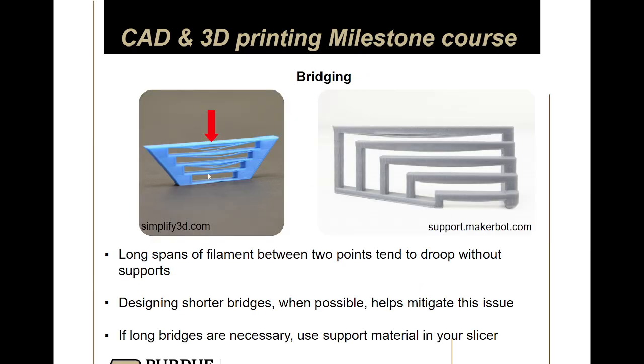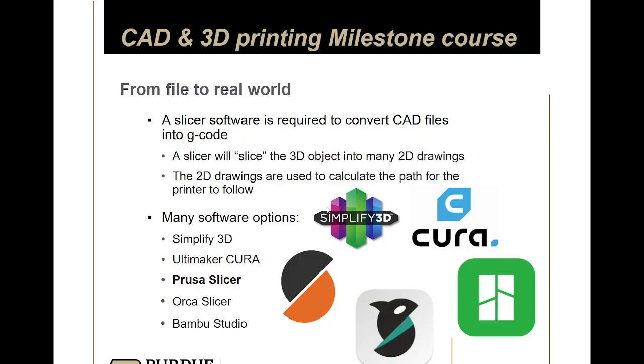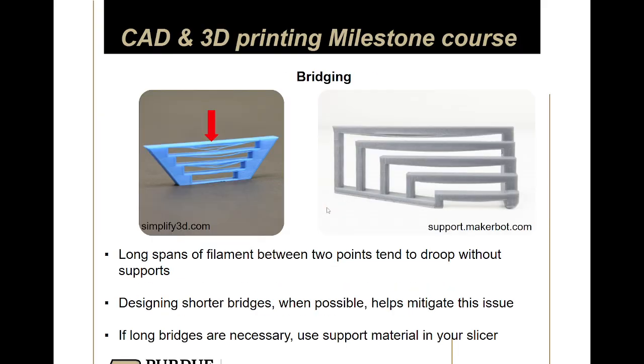The other thing is bridging. If you go back to that H, you can see that you're printing in midair in between two solid parts that you have already. Depending on how close it is, your printer might have enough cooling that it can manage pretty well.